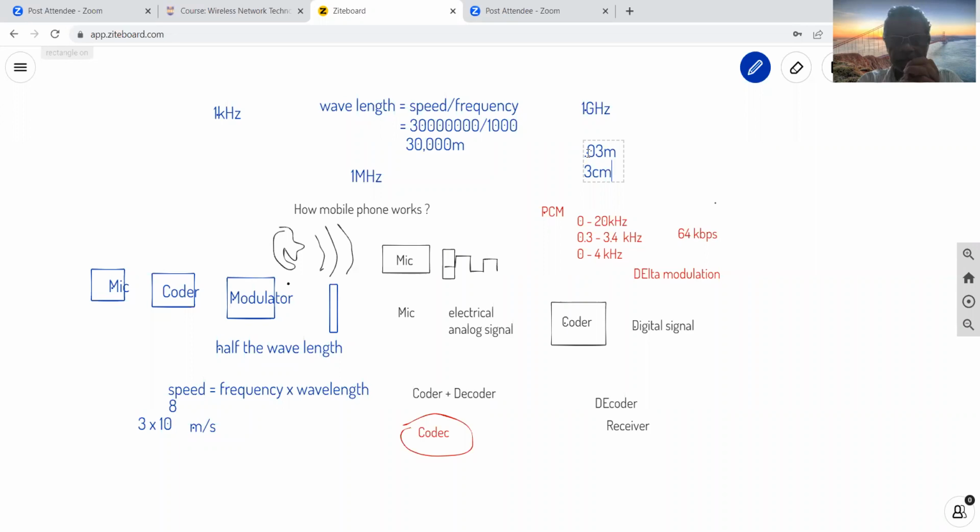So this is a possible size of antenna. The antenna should normally be half of this, that is 1.5 centimeters.